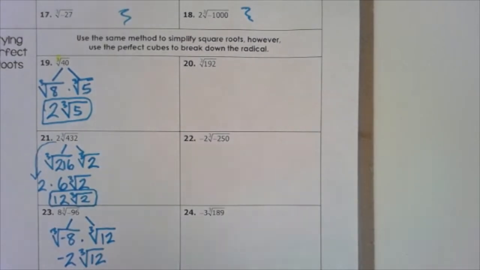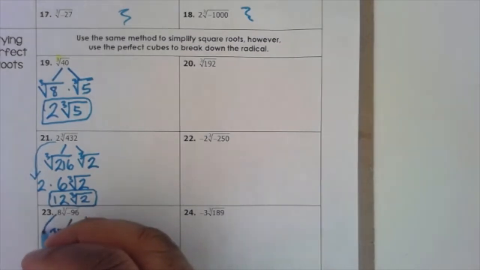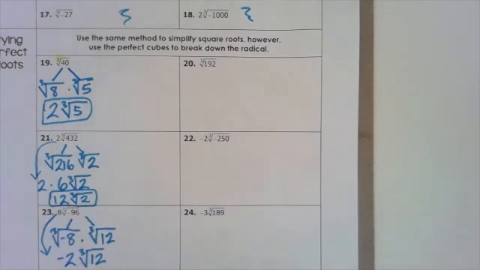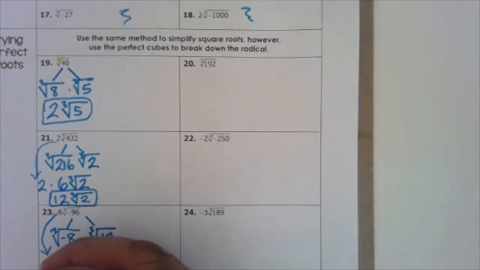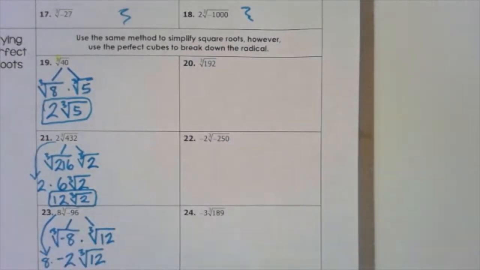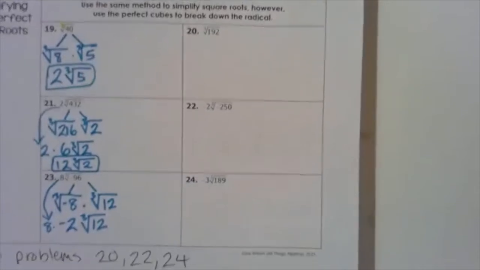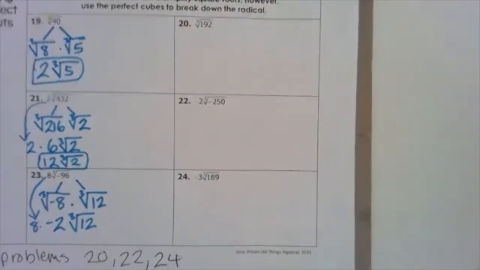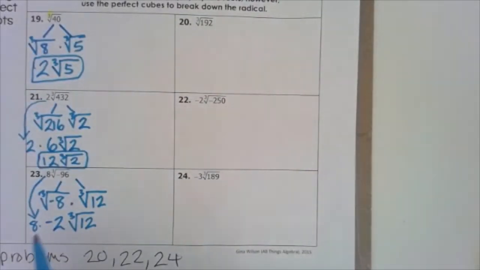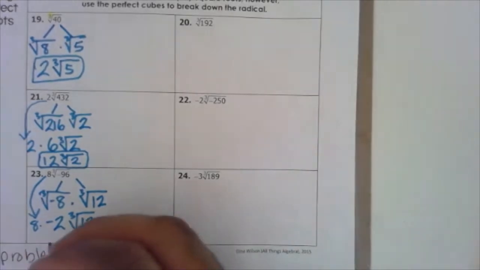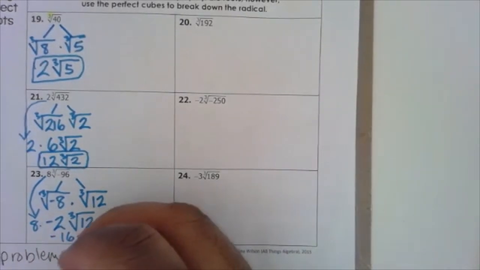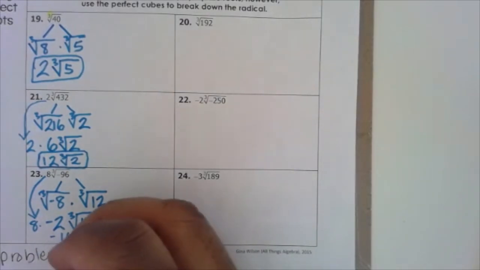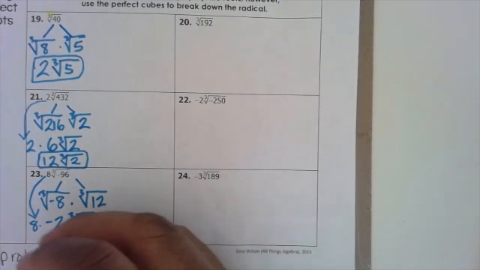But as you probably guessed correctly, if I slide that 8 down, because I can't forget about that, I'm still going to have to multiply the 8 times negative 2. Let me bring down my document camera here. And so if I do 8 times negative 2, I'm going to end up with negative 16 cube root of 12 being my final answer.